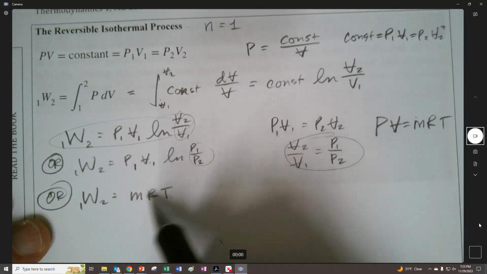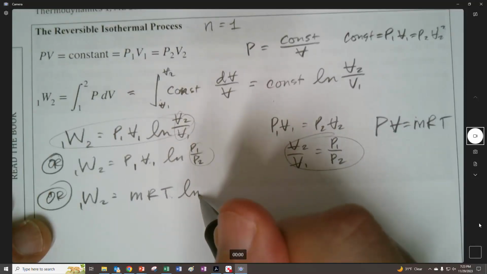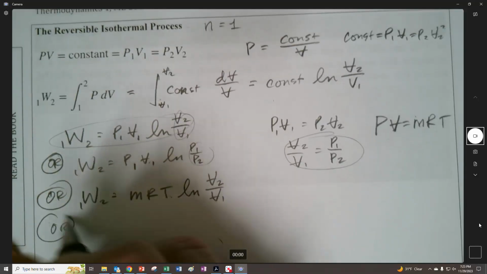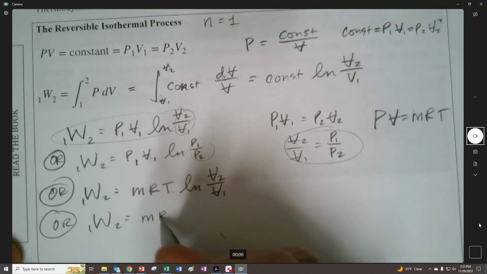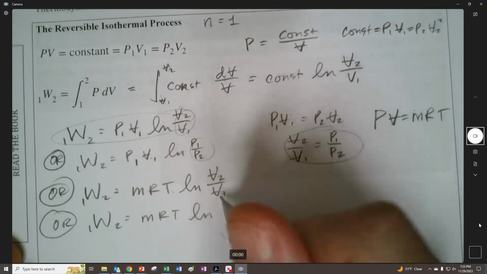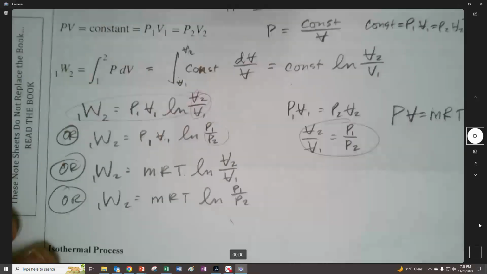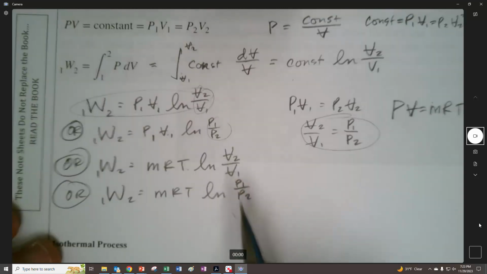It's going to be temperature all the time. And then that's just the natural log of V2 over V1. Or, you can write another one right here: MRT natural log of P1 over P2. So depending on the scenarios that you have, you might want to use some variation of those.